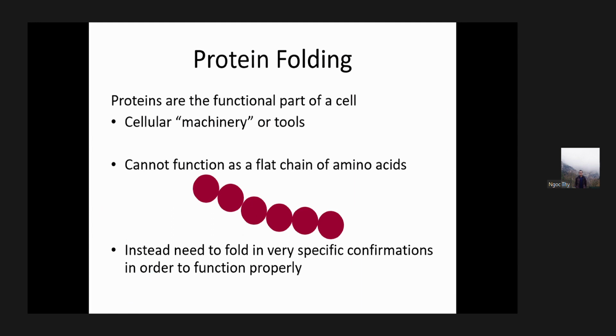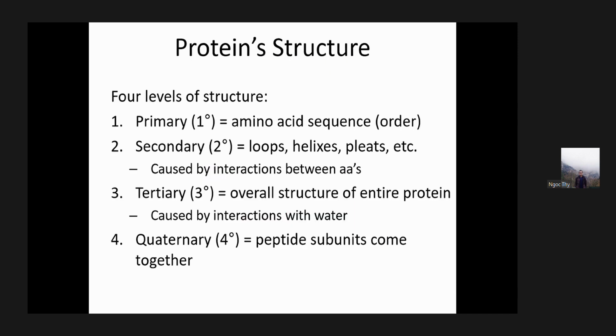As soon as the polypeptide is being synthesized, it goes through post-translational modification to form its higher structure. The process is called protein folding. There are four main levels of protein structure.